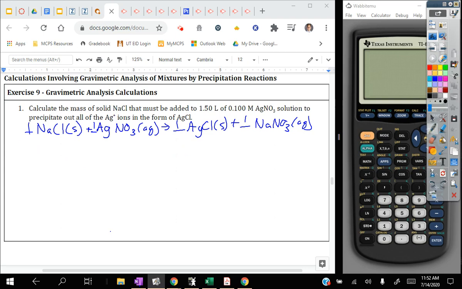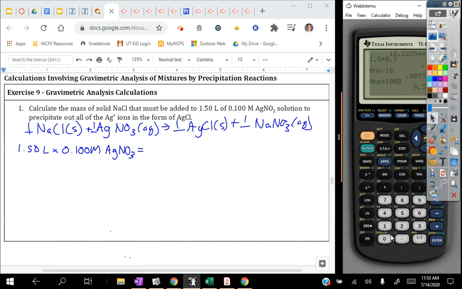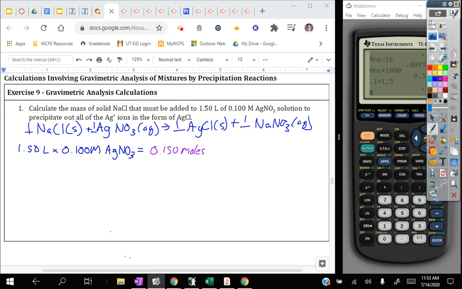So 1.50 liters times 0.100 molar AgNO3 gives us 0.150 moles of AgNO3.